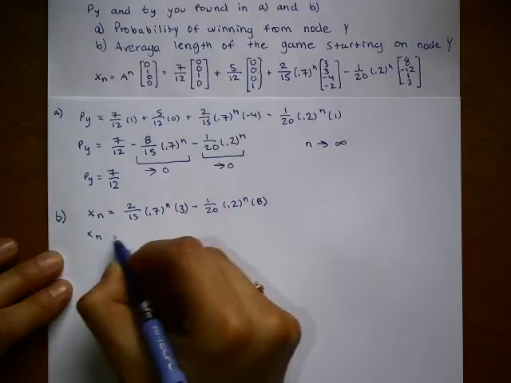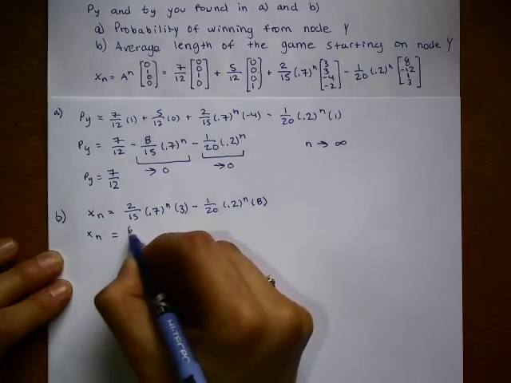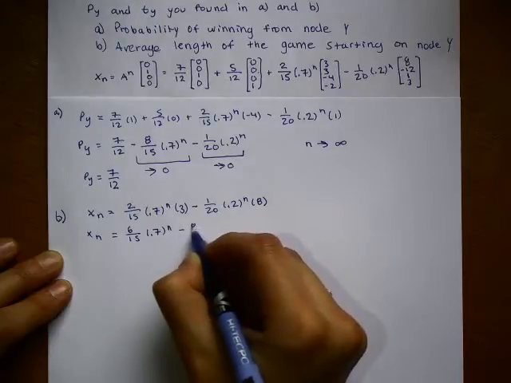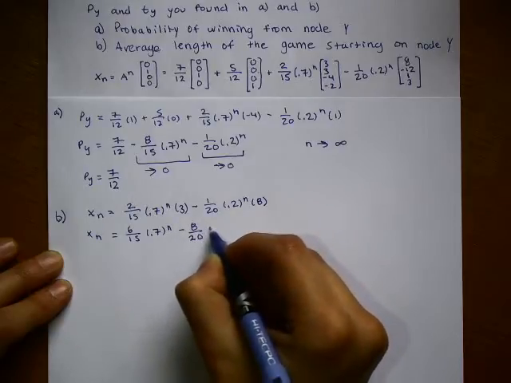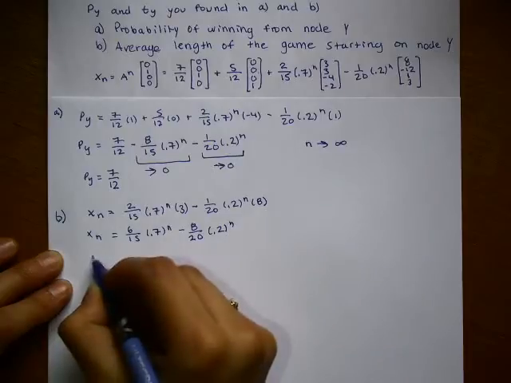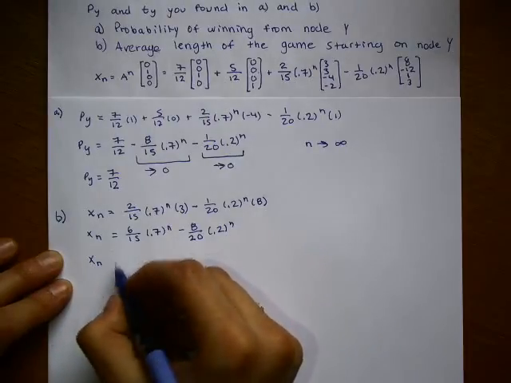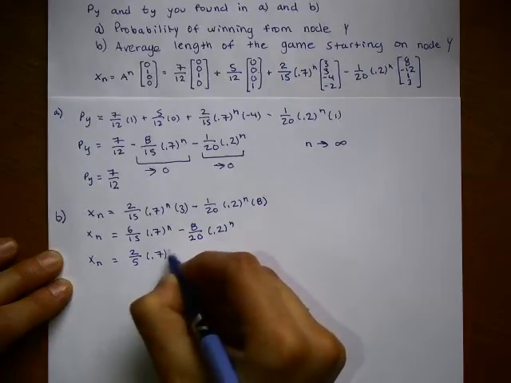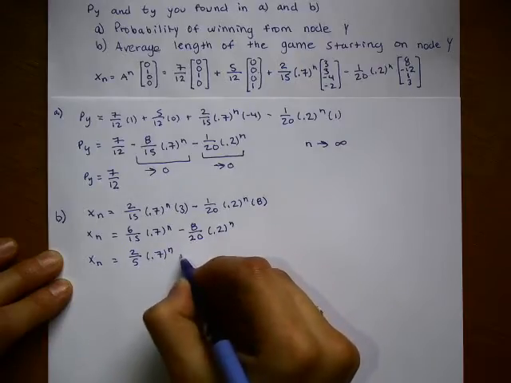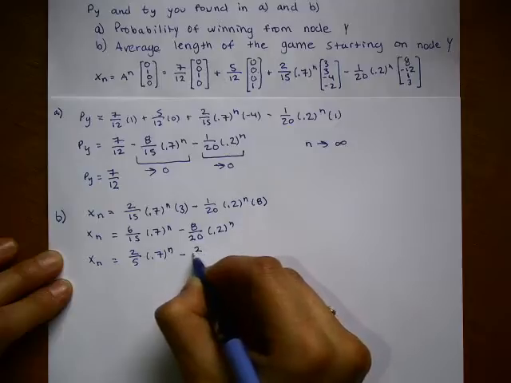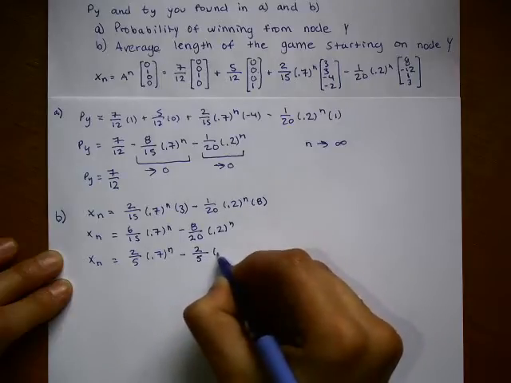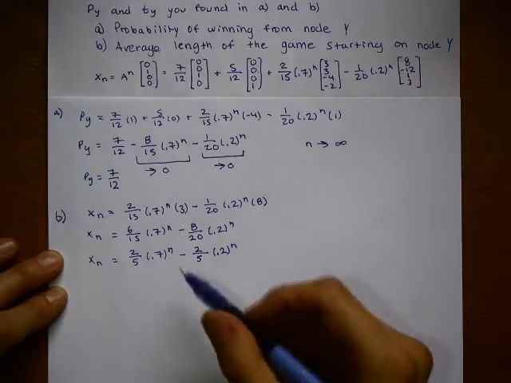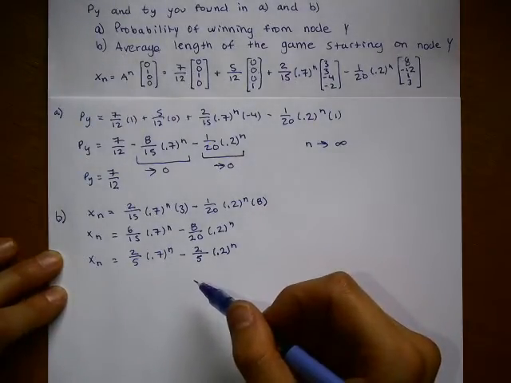Now I'm just going to simplify this a bit, and again, just simplifying the fractions. So what this tells us is the probability of being on node x after n steps.